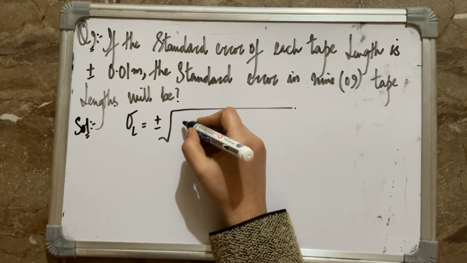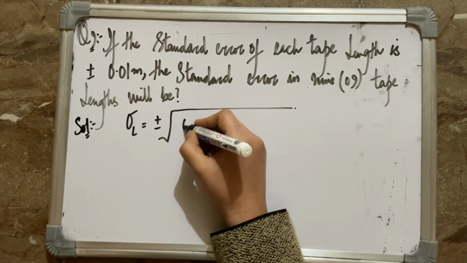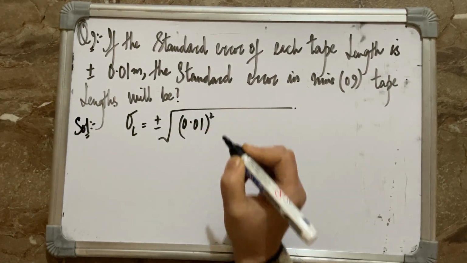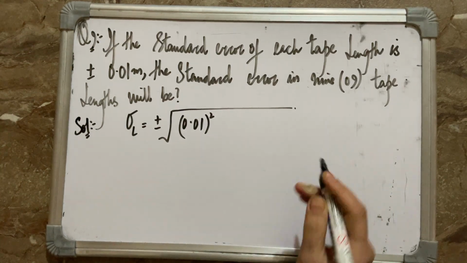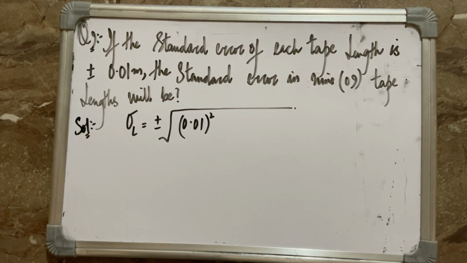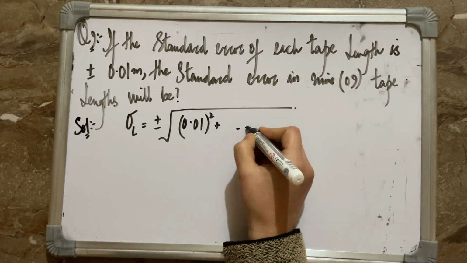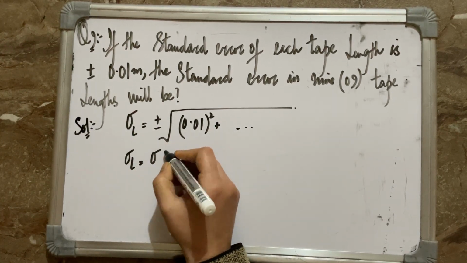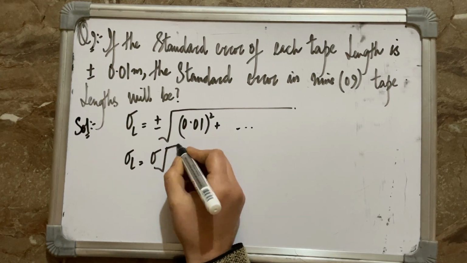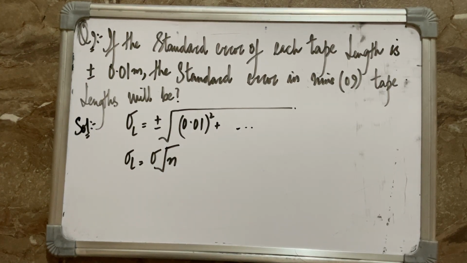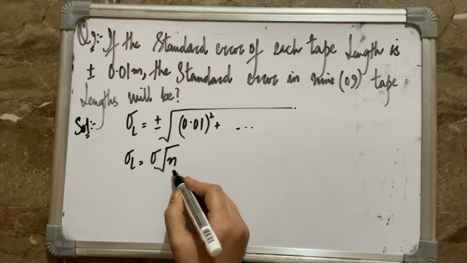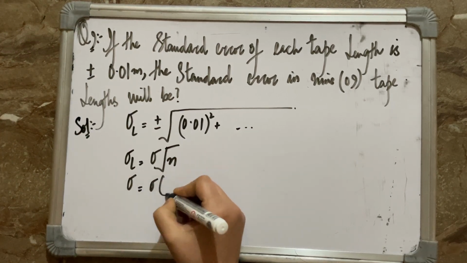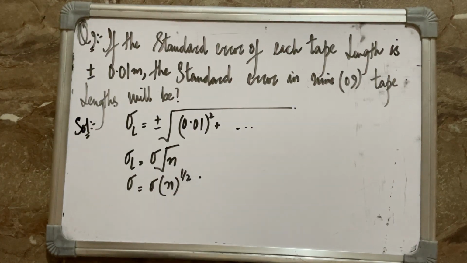How much is the error in each tape length? 0.01 square plus, 9 times, that plus so on 9 times. But by general expression, the sigma in length will be standard error in each multiplied by square root of n, the number of measurements that we are taking, or sigma is equal to sigma n raised to power 1 by 2.